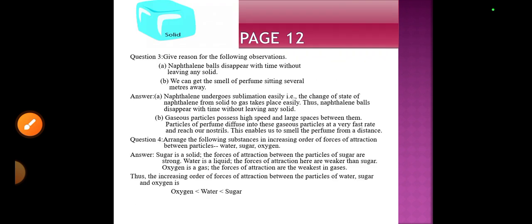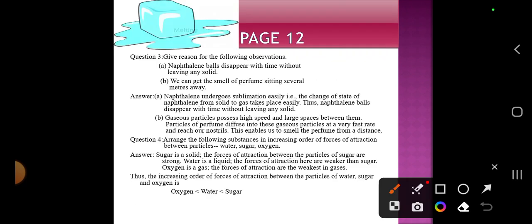Next question. Question 3. Give reason for the following observation. Naphthalene balls disappear with time without leaving any solid. See friends, we know that naphthalene balls undergo sublimation.